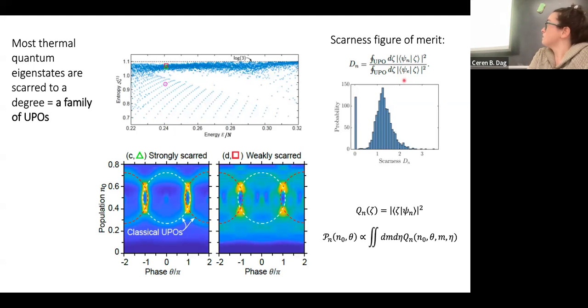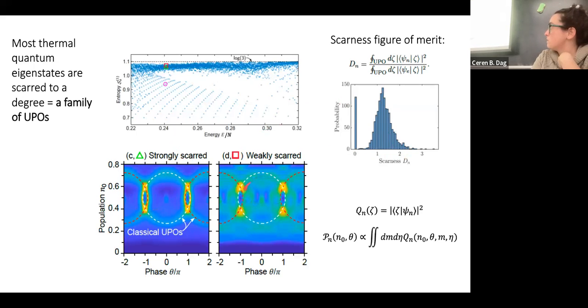When we look at this across the energy, we find a histogram which is biased, where the mean is greater than 1. That tells you that most of these states are actually scarred to a degree. For example, this first one that I was showing you was a strongly scarred state. It has a scarness figure of merit of 2.1 or something like that.